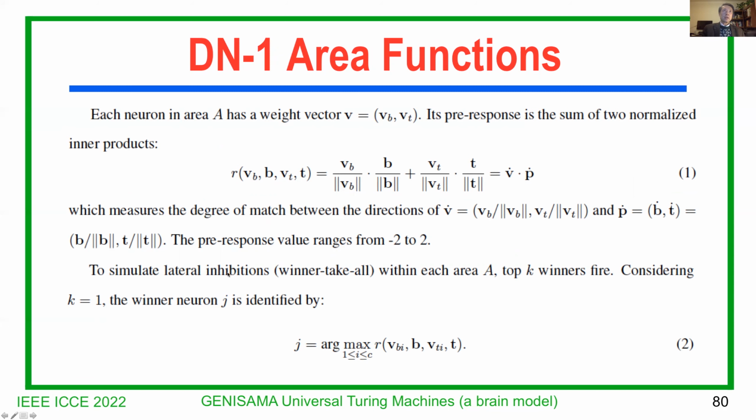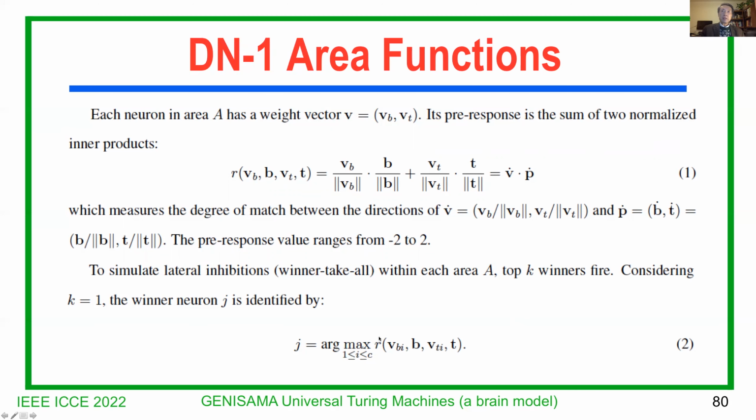And then to simulate lateral inhibition between the neurons, we use a winner-takes-all. Later on, we do a little better, but just do a simple version first. This is DN1. Within each area, you take the top K, and consider K equal to 1. It's simpler for us to understand, but the same principle carries over for K larger than 1.